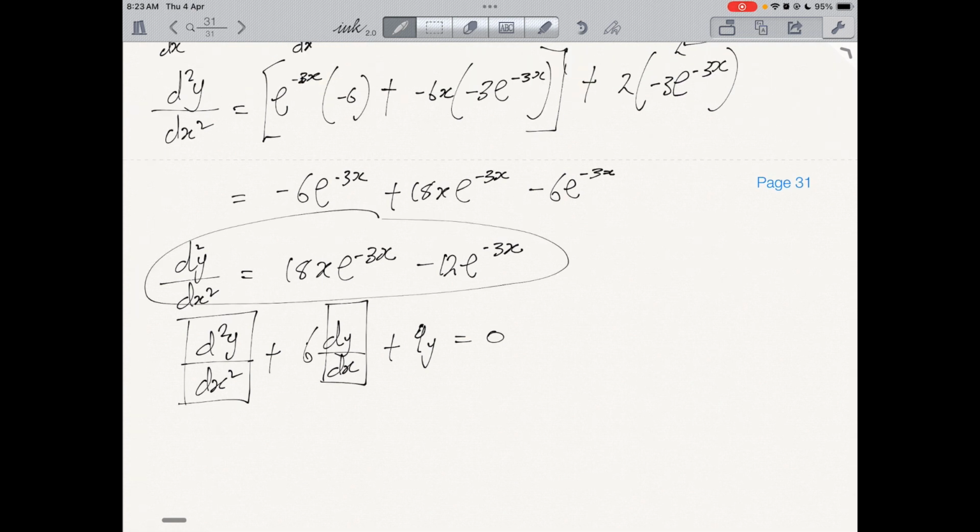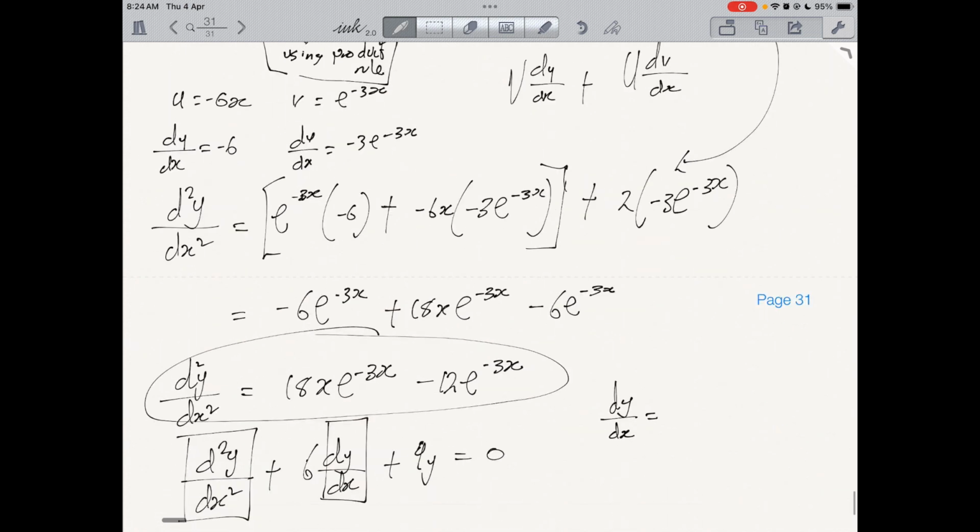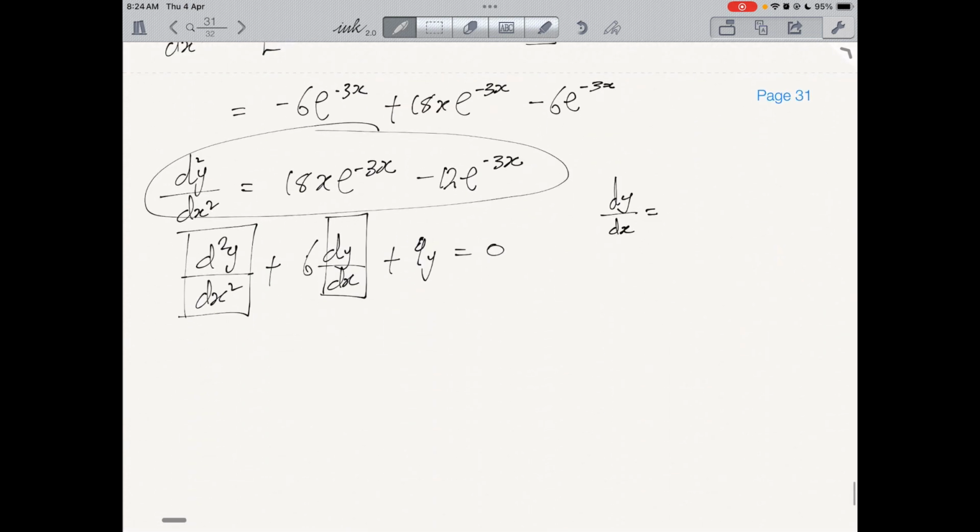We know this is the d square y dx squared, and our dy dx that we calculated earlier is given as minus 6x exponential minus 3x plus 2 exponential minus 3x.